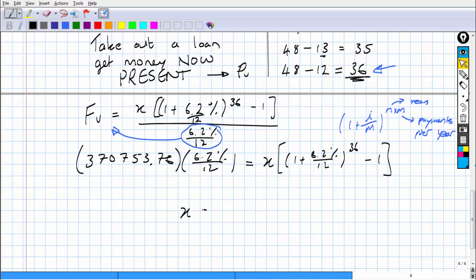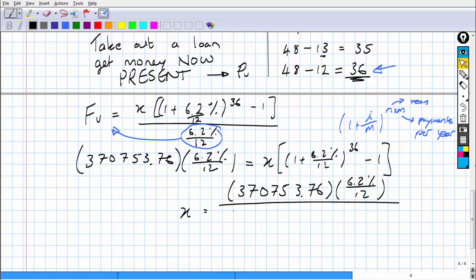And then you can say, well, X is equal to, and I'm just going to work it out here, 370,753.76 times 6.2% divided by 12, all that divided by 1 plus 6.2% divided by 12, to the power of 36, minus 1.